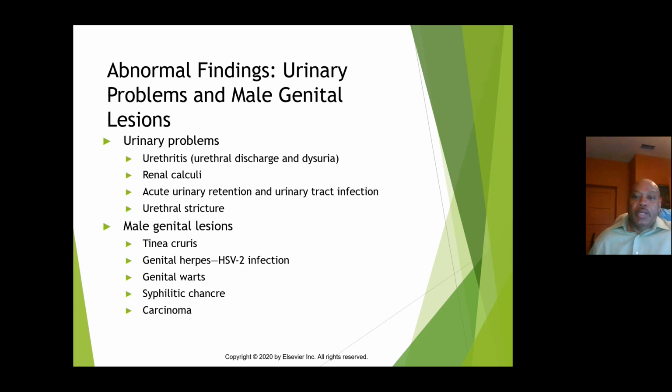Right? This causes abrupt or severe flank pain with radiation to the groin or abdomen. These patients may also experience nausea and vomiting. They may be restless. The pain is excruciating, right? There may also be gross or microscopic hematuria. You may not see it, or it can be gross.